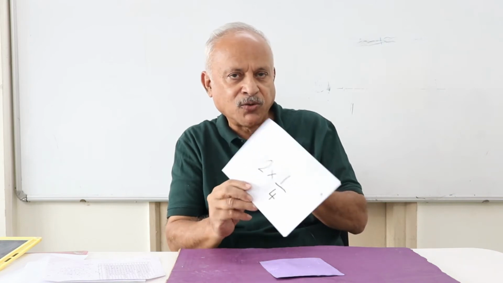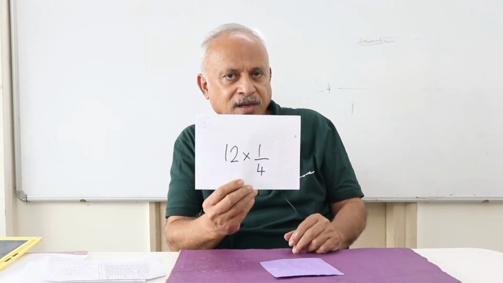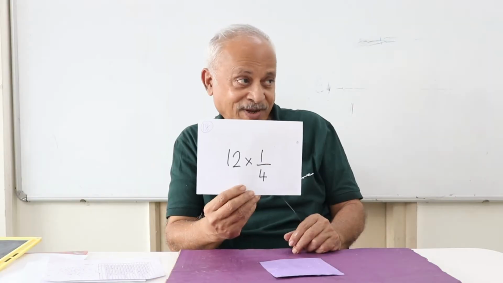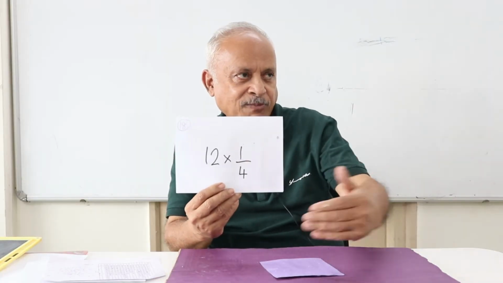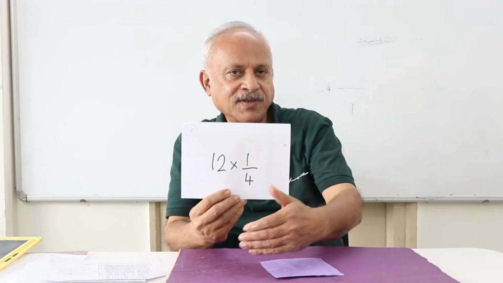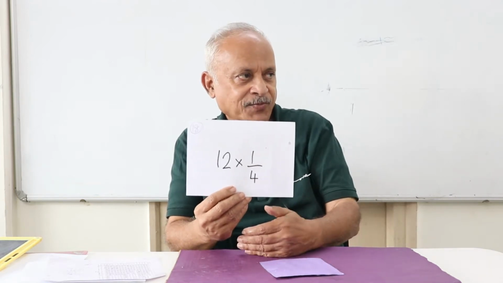Now the question is, I have 12 pieces of 1 by 4. Three. Right? Because every time I put 4 pieces, I have 1. So again I put 4 pieces, then I have 2. I put 4 pieces, I have 3.